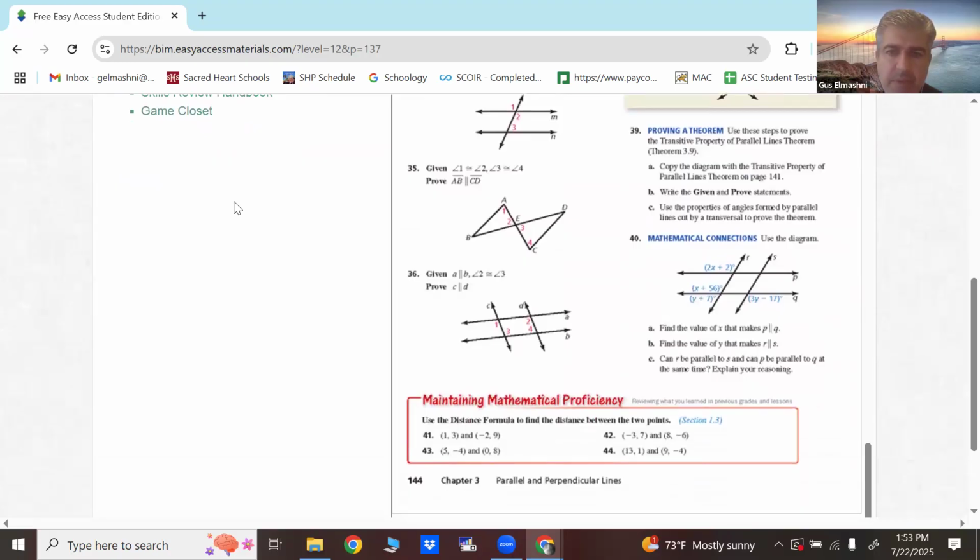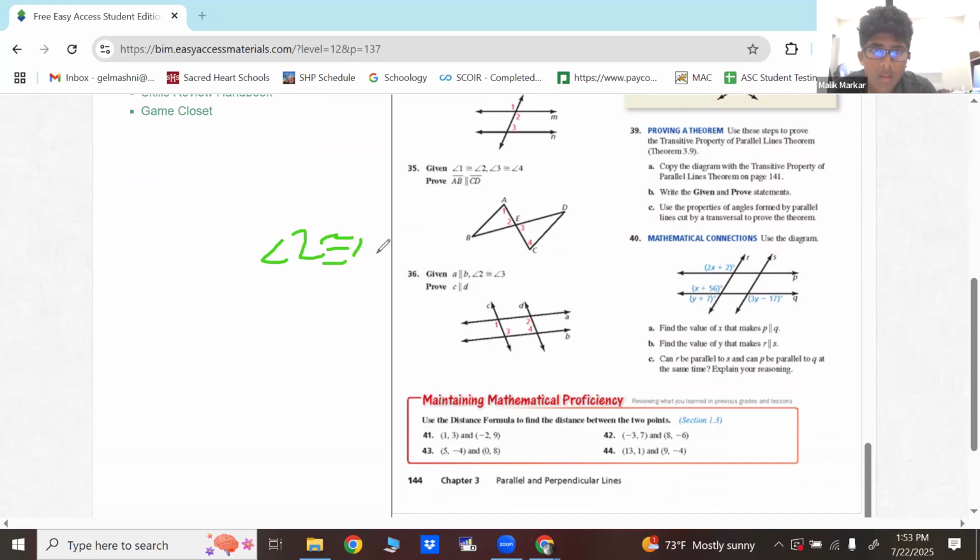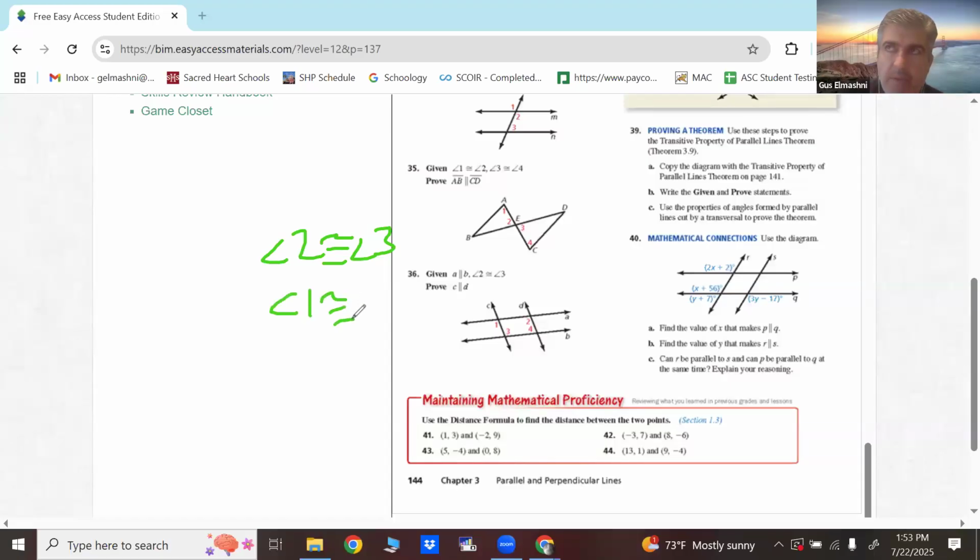Like 35 is a good one, right? For 35, what you could say is that 1 and 2 are the same, 3 and 4 are the same. Well, I know 2 and 3 are the same, right? So that means the triangles are the same, right? Well, actually, I don't know for sure if the triangles are the same, but I know angle 1 will be congruent to angle 3. And then angle 1 will be congruent to angle 4.